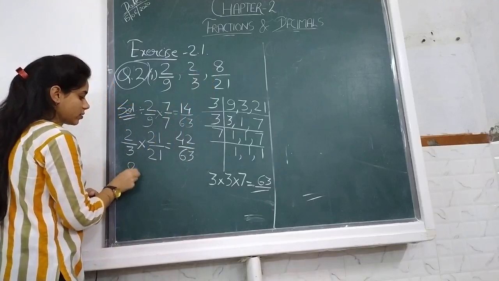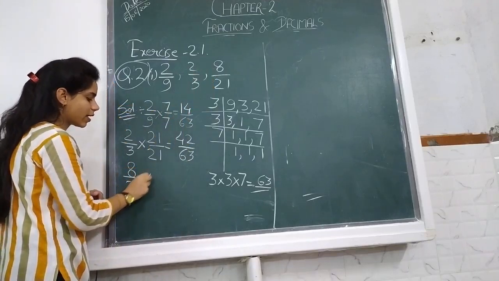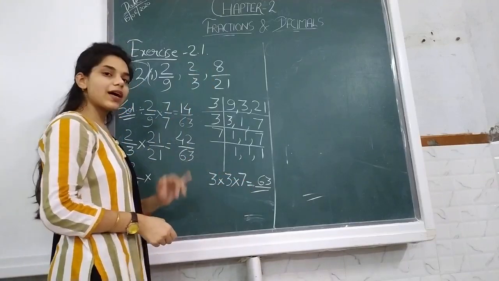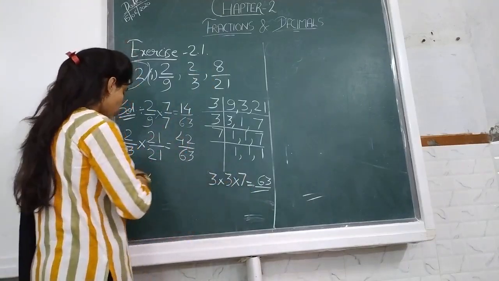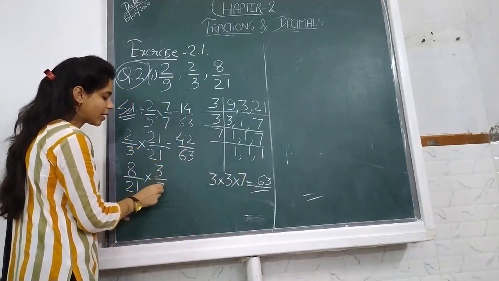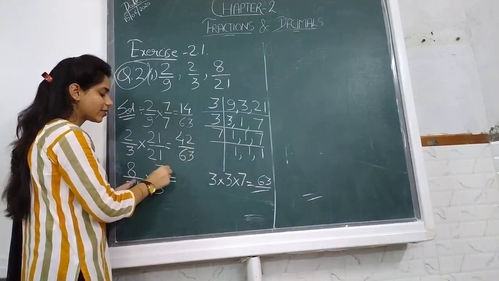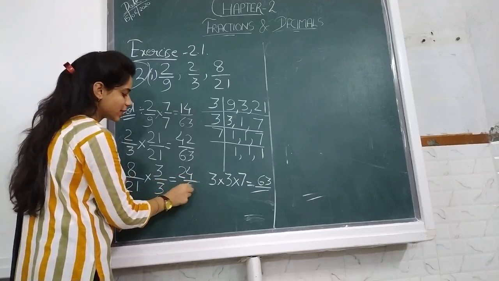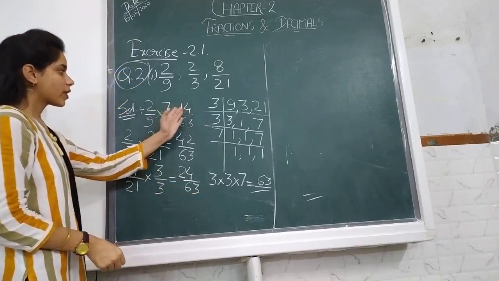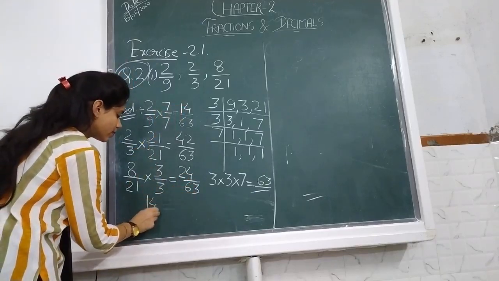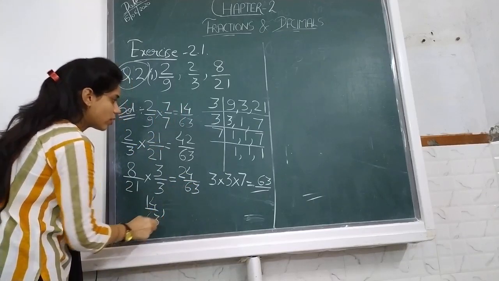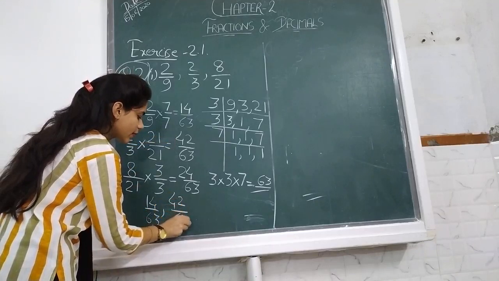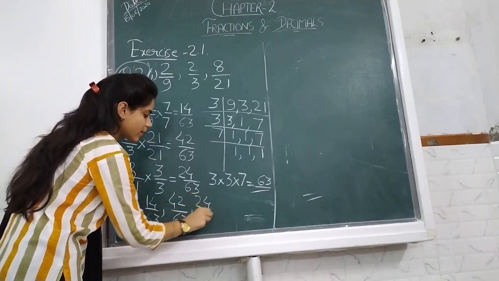Now the third fraction, 8 upon 21. 7 3s are 21 and 21 3s are 63, so we have to multiply with 3. So 8 3s are 24 and 21 3s are 63. So we got 14 upon 63, 42 upon 63 and 24 upon 63.